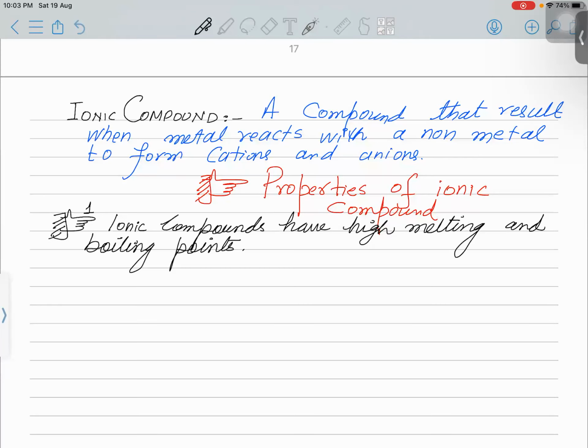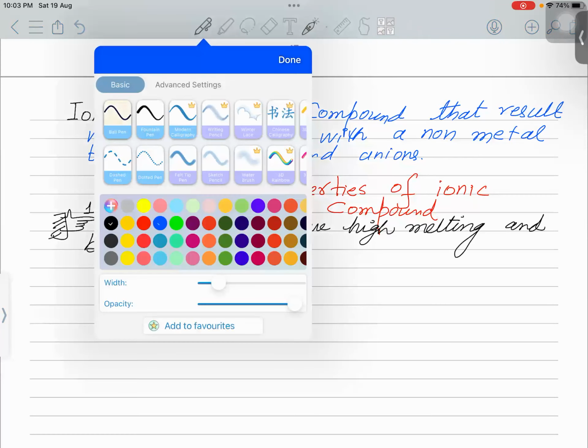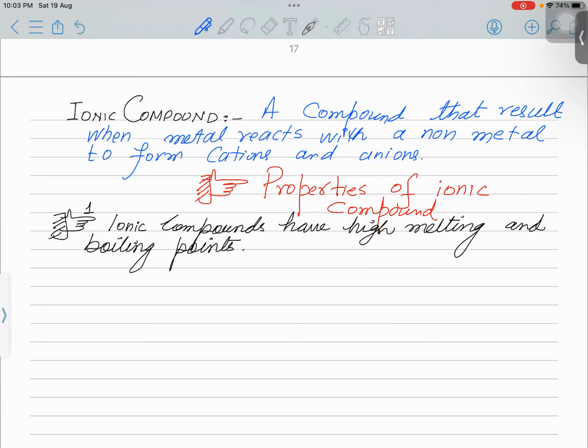Because of the strong attraction between the ions. Exactly, because ions are attracted by a strong electrostatic force of attraction, and this attraction is very, very strong and not easily broken. It is not easy to break this bond.